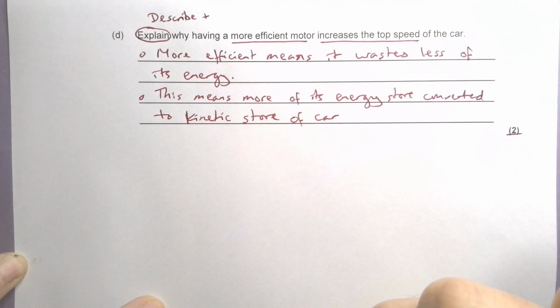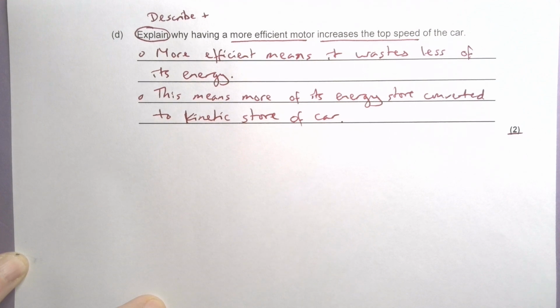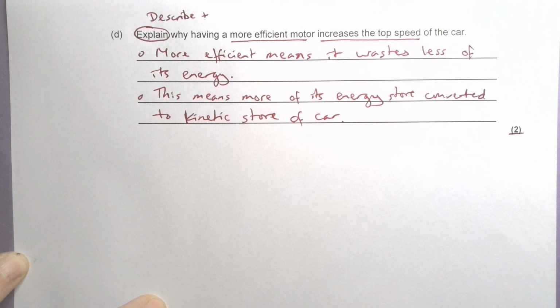So more of its energy is transferred to the car as kinetic energy. That's the key bit. You could have said there, less energy is wasted, therefore more kinetic energy. That's fine. The key bit is you can describe what more efficient means in terms of it wastes less energy, and then you're saying why that matters to the car.